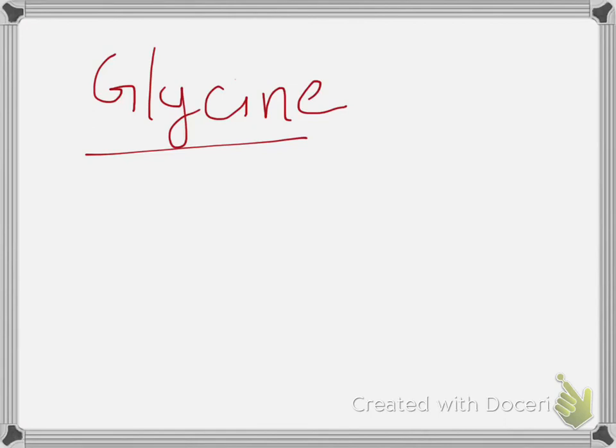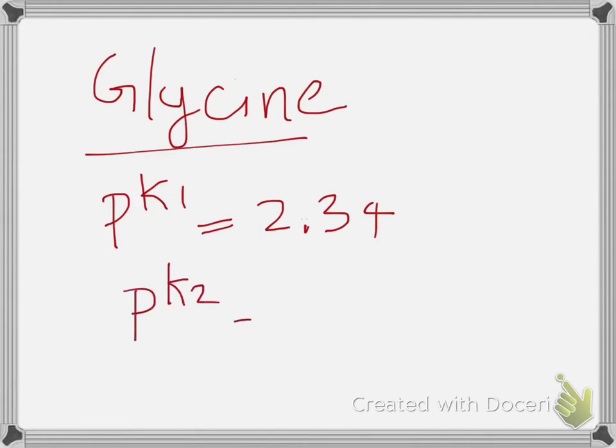In the case of glycine, the pK1 is, sorry, 2.34. pK1 is 2.34. And pK2 is approximately 9.6.